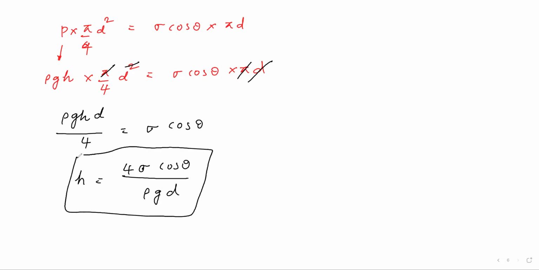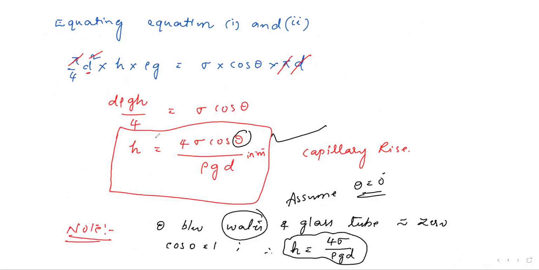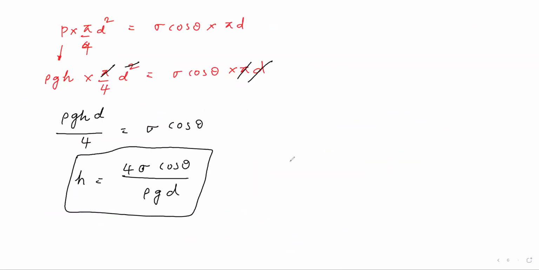But just observe here, do you have any difference in these two equations? What we have got here is 4 sigma cos theta by rho g d, and here also we are getting 4 sigma cos theta by rho g d. But the difference is, here we are calculating h, that is the height of depression in tube, and very important, here theta is greater than 90 degrees.